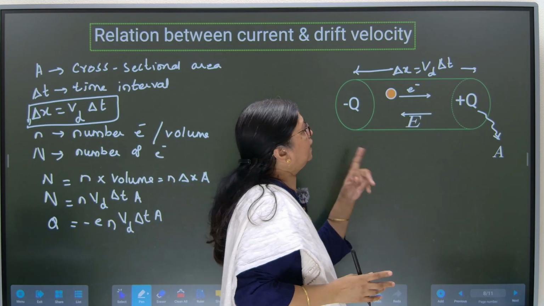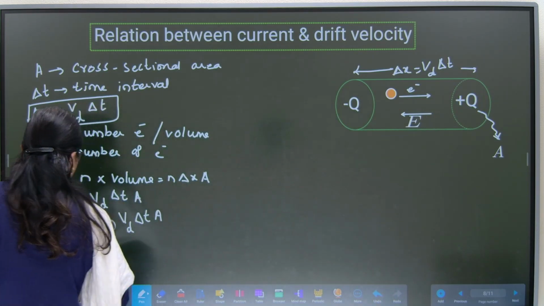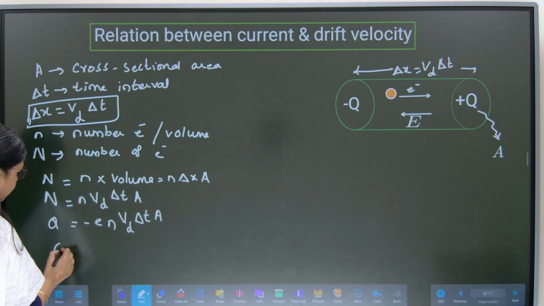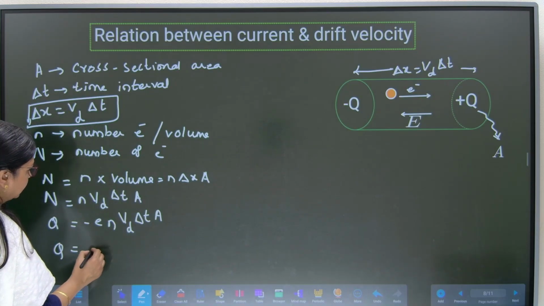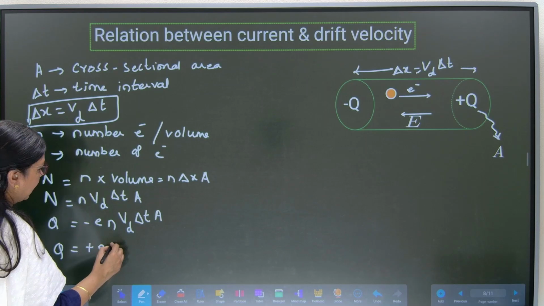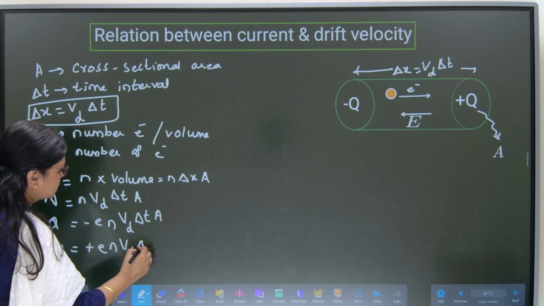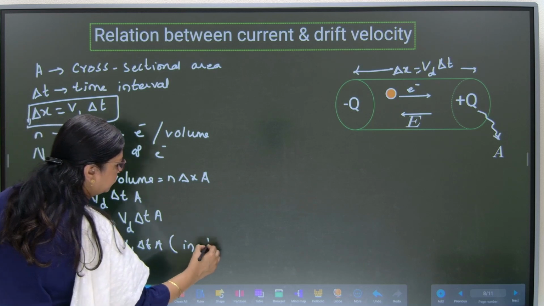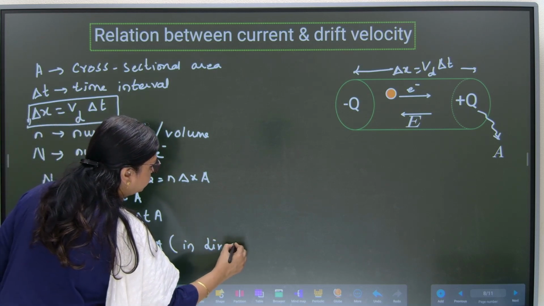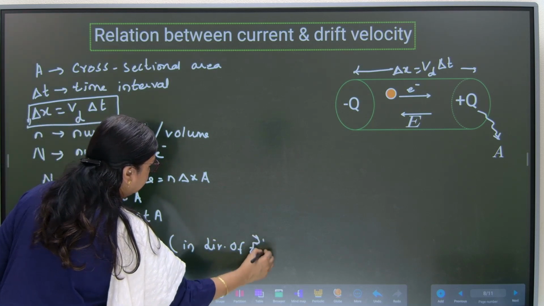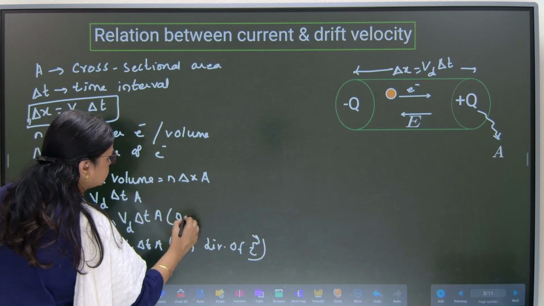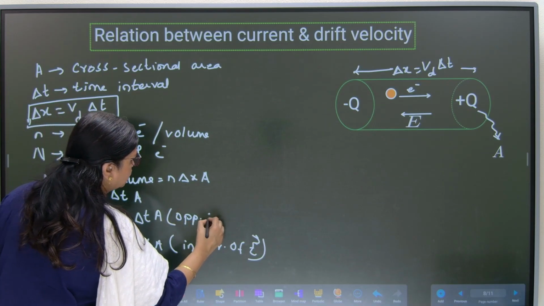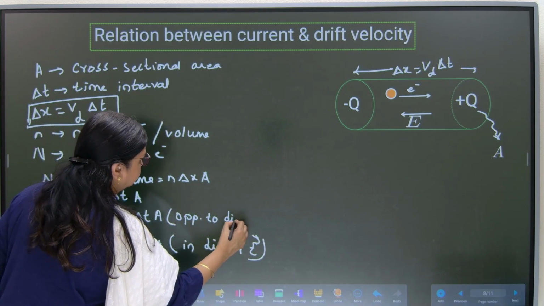Therefore, in the direction of the electric field, the charge is given as plus e n Vd delta t A in the direction of E. This is opposite to the direction of E.